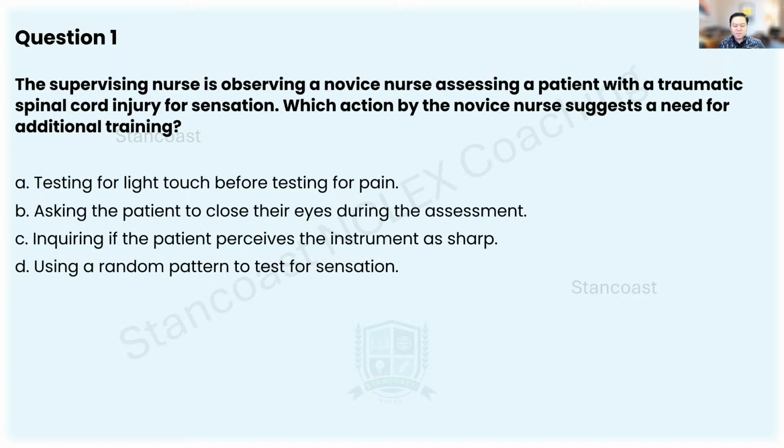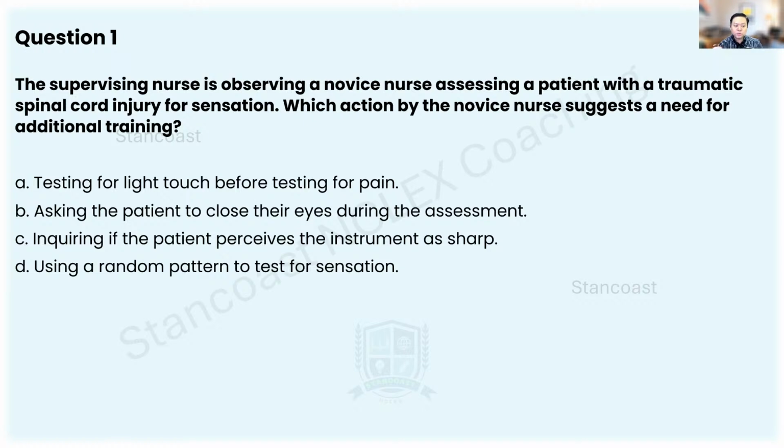Okay. In this test question, you should be selecting the option that is fundamental to testing the sensory function of our patient. Make sure that you recall the fundamental sensory assessment.